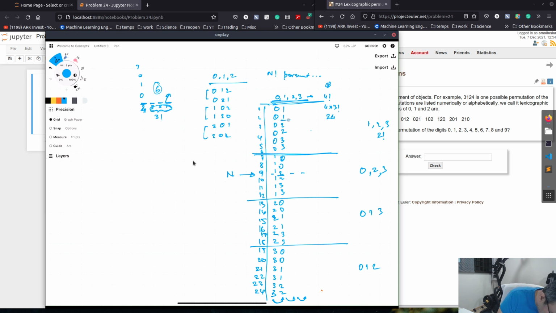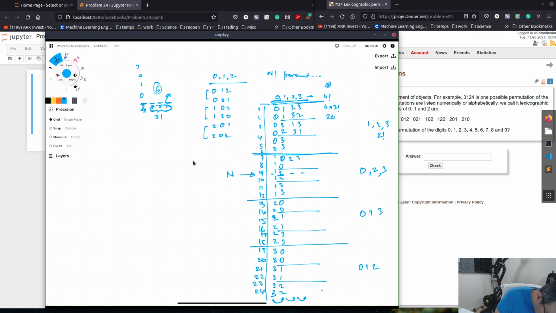So now we have this, and then this and that, and now we only have 2 more combinations, 2 3 and 3 2. We had 1 2 3 over here, and 2 is taken, so 1 3 and 3 1. Over here it's 0 2 3, and 0 is taken, so we have 2 3.